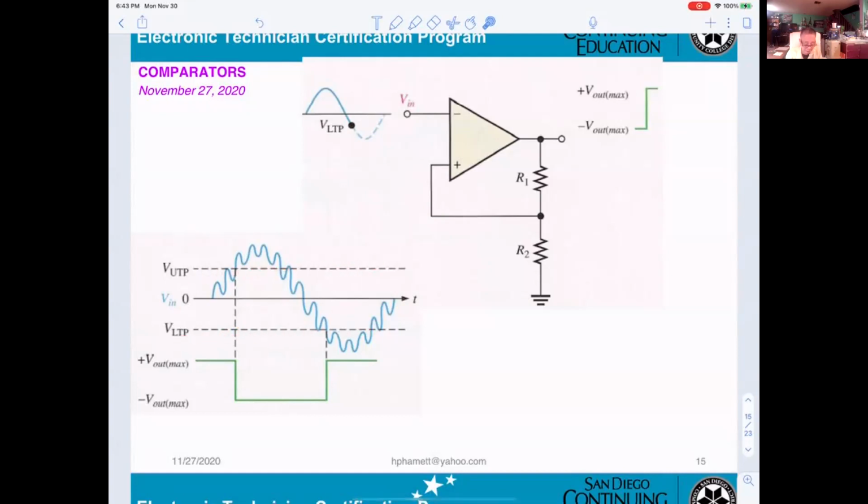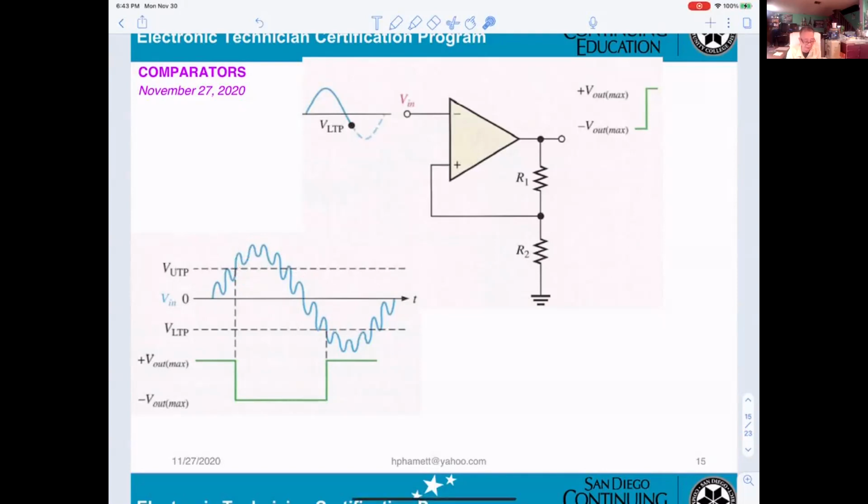When they apply input, it triggers right here. That avoids the signal trying to go up a little or down a little, so it cannot be triggered by too much noise.